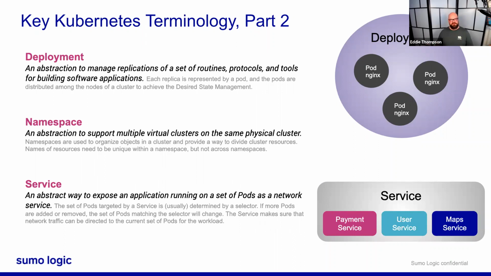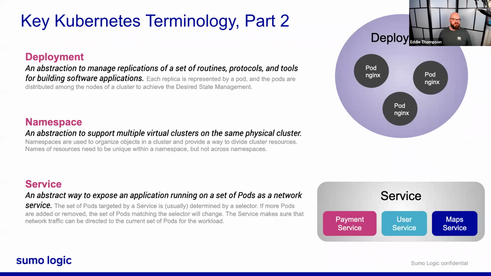It means that names must be unique within a namespace, but they can overlap between namespaces, which is really useful when you've got things like a development environment, a staging environment, a production environment. You can use the same names overlapping between these environments and not run into issues of names clashing and having to rewrite things with scripts.